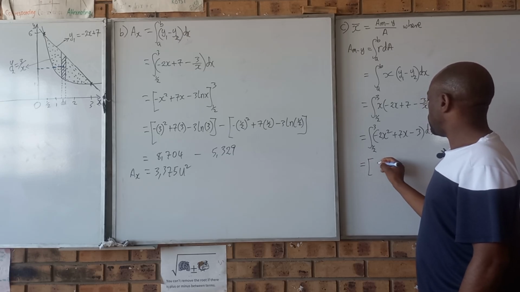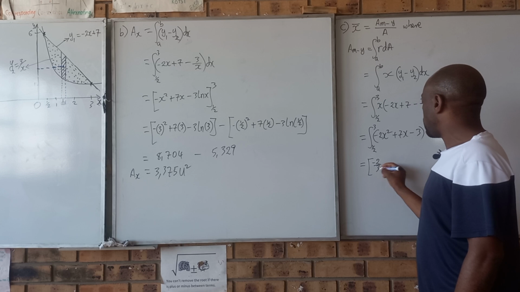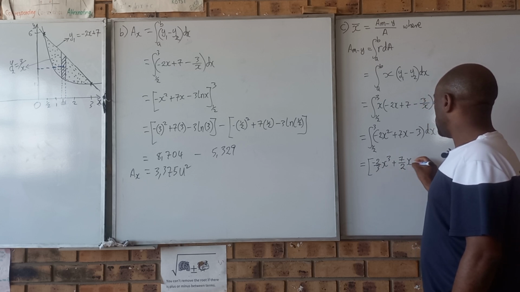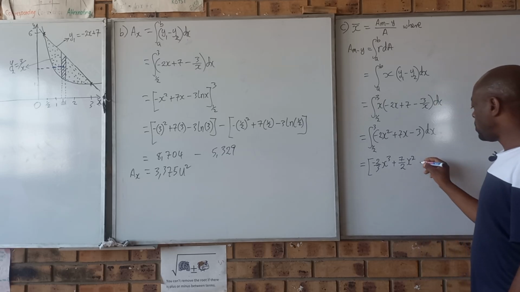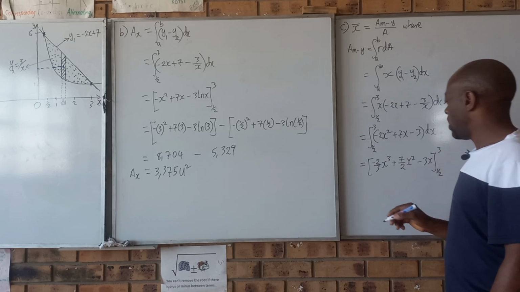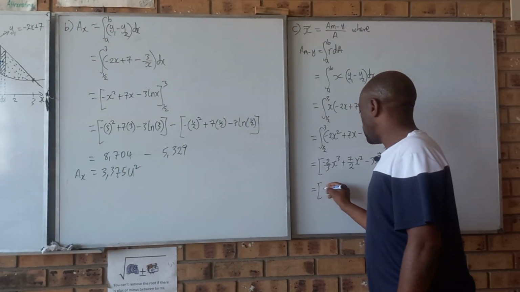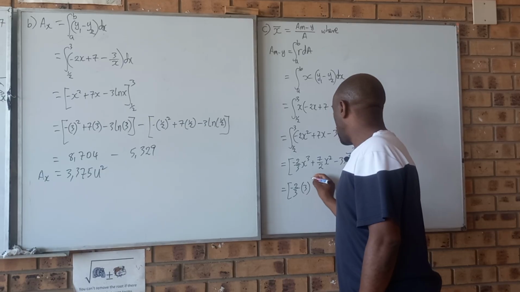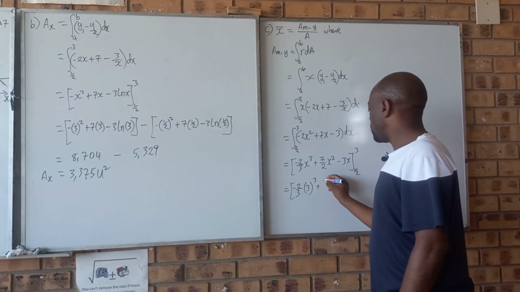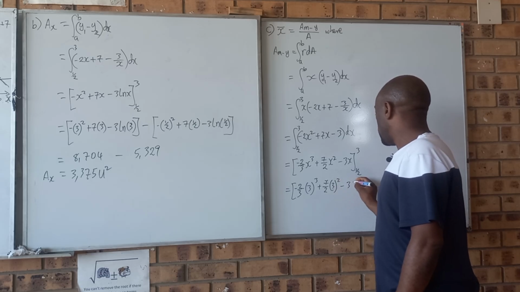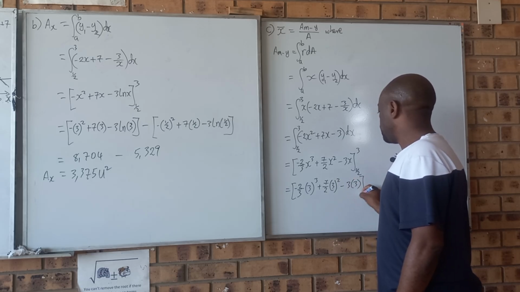The first term gives us negative 2 on 3 x cubed, followed by 7 over 2 x squared, then minus 3x, from a half to 3. Then we substitute our limits: negative 2 over 3 into 3 cubed plus 7 over 2 into 3 squared minus 3 into 3.